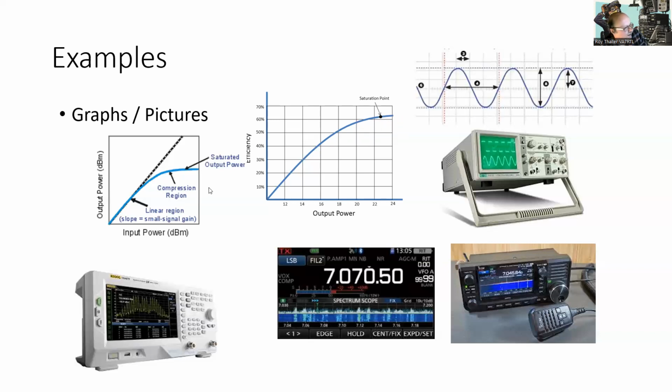Another way of looking at it is to look at input power into the amplifier and output power of the amplifier. And again, you get this curve that's linear part here, and this is where you want to operate. And then as you get up higher, you reach a saturation point and a compression region where your signal is not going to look that good or sound that good, and you don't want to operate in this region up here.